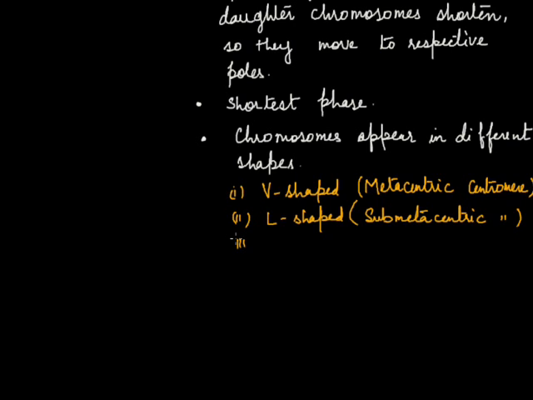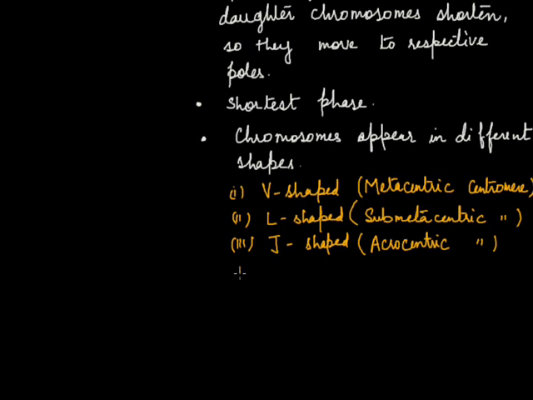The third type is J shape. Here, the centromere is acrocentric, which means that the centromere is located far away from the center but near the terminal end. So it leads to formation of two unequal arms, one quite large and the other very short, and it takes a J shape.